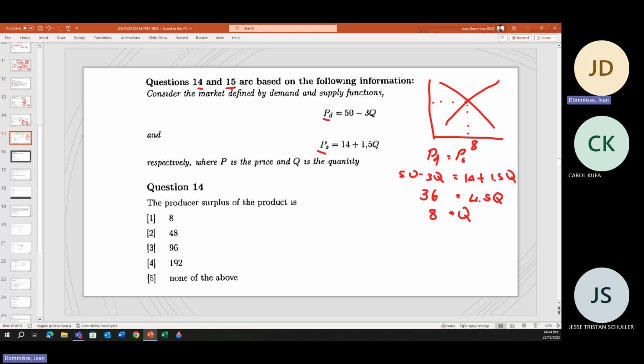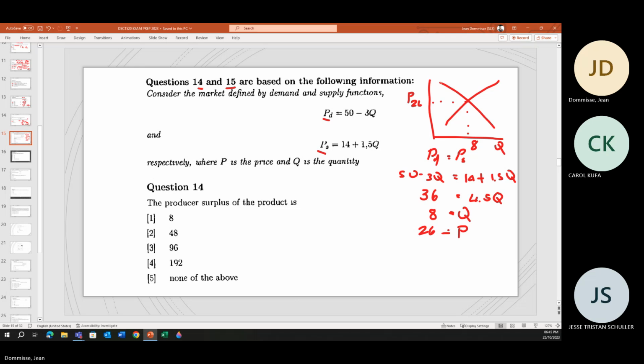And then if I put it back into any one of these equations, I will probably put it back into this equation. So 3 times 8 is 24. 15 minus 24 is equal to 26. So we have where Q is equal to 8, the price is equal to 26.